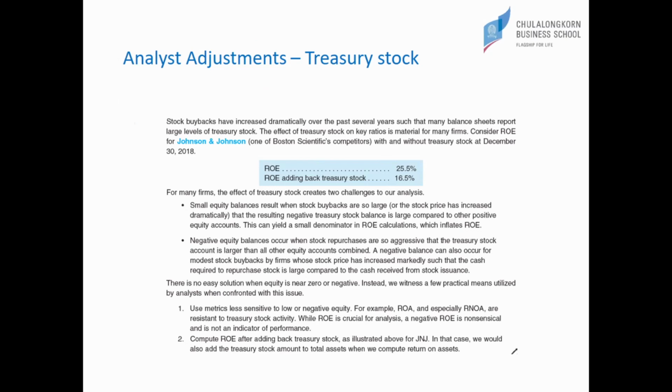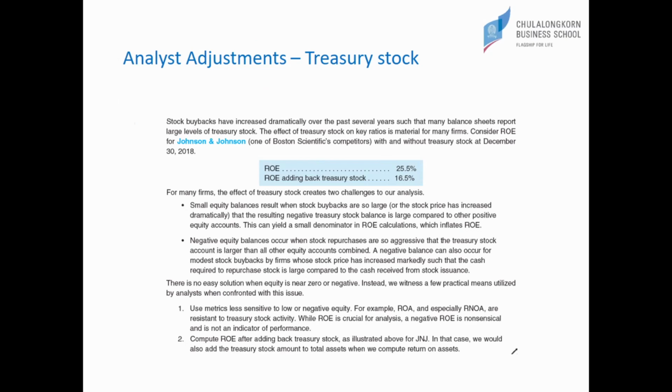Treasury stock means the company buys back its own stock, right? So it reduces the stock that's outstanding. And when a company repurchases its stock, this treasury stock is going to show in parentheses, showing a negative number. So it will reduce the equity amount in the company, and it can even show a negative balance in case this treasury stock is very big.